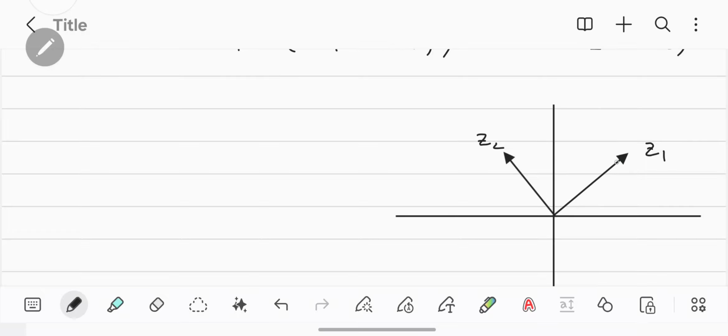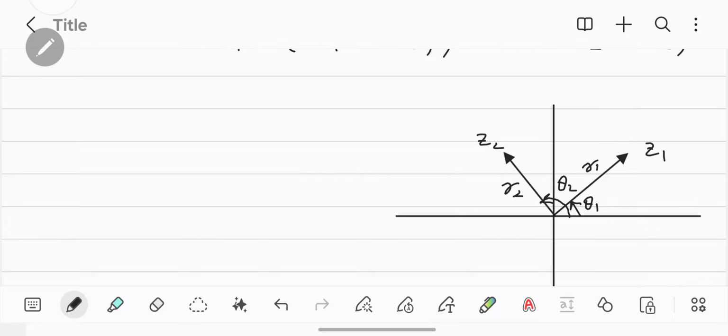Since z1 has some radius, call this radius r1. Suppose this radius is r2, and both of the complex numbers have some specific angle with the x-axis along the positive direction. Suppose z1 makes an angle of theta 1 along the positive x-axis, and z2 makes an angle of theta 2.